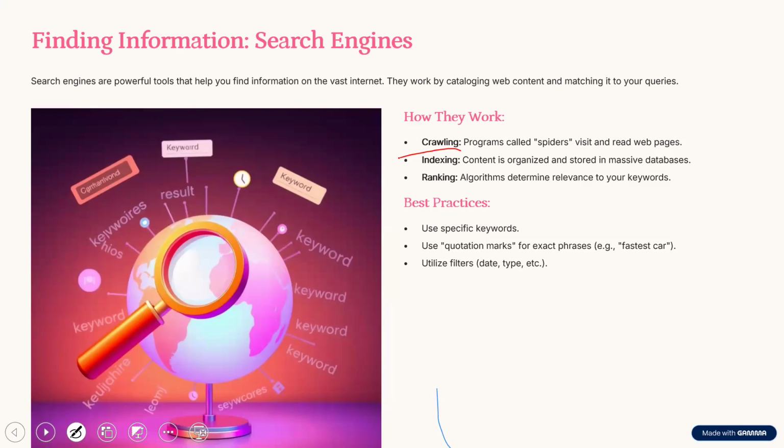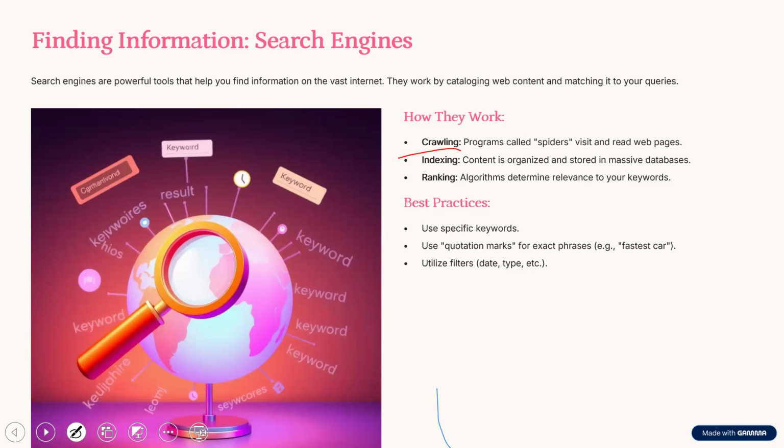Content is organized and stored in a massive database. Then you have ranking, algorithms that determine relevance to your keywords. So when I go to Google or whatever search engine I'm using, and I type something that I'm looking for, you understand? It brings a lot of answers, but this is how the answers work.